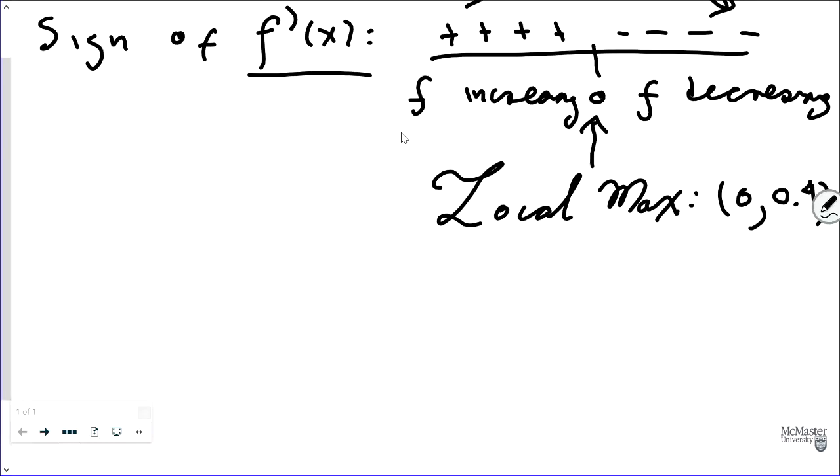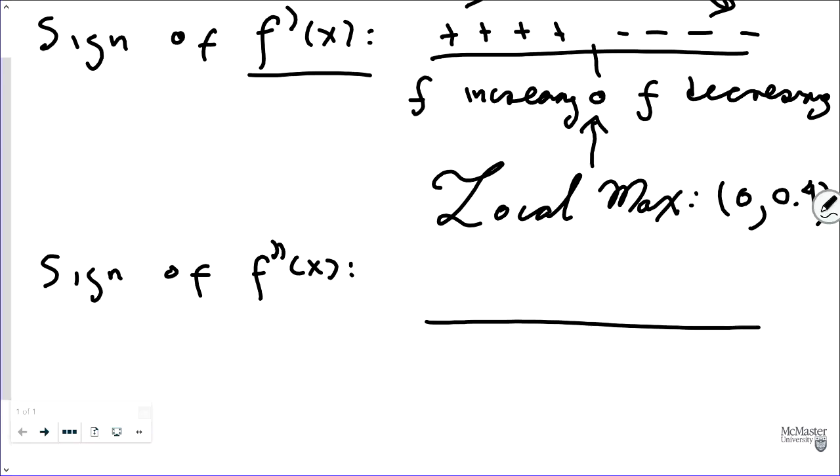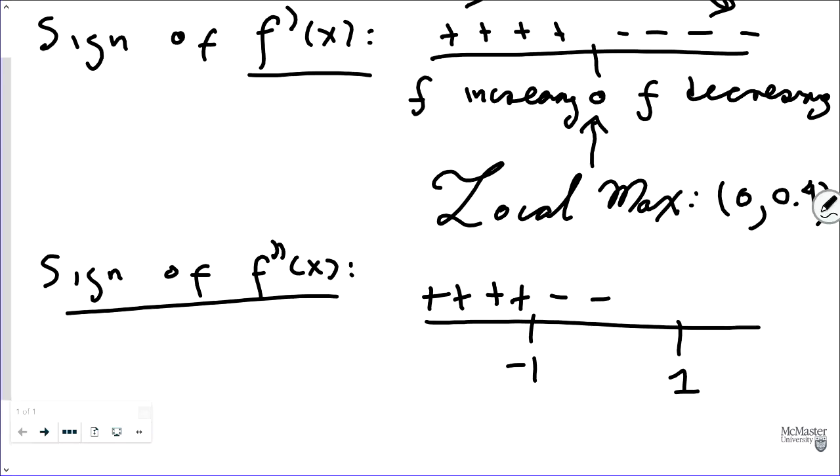So if I were to consider the sign of f double prime of x, well, I had some possible inflection points at -1, 1. If I consider the sign of the second derivative, here f double prime was positive, here was negative, and here it was positive again.